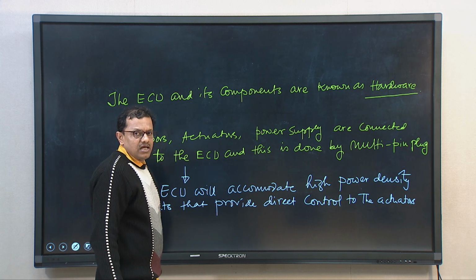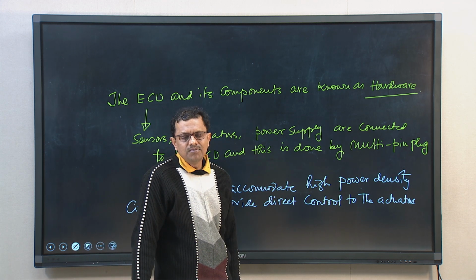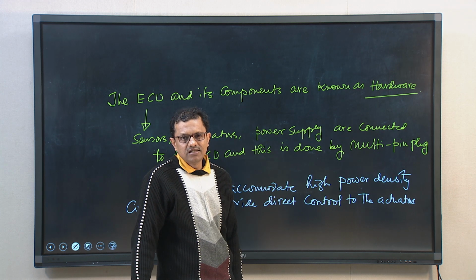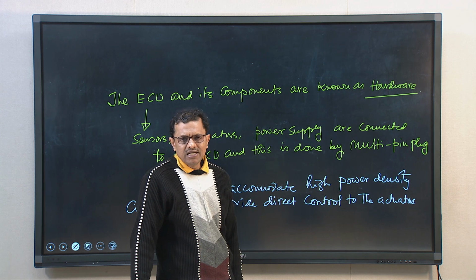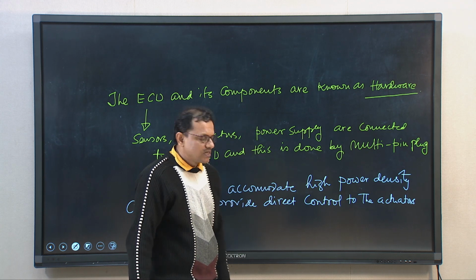Why do we need to accommodate high power density circuits in the ECU? So, the reason is these high power density circuits are responsible for the actuators, rather these circuits provide direct control to the actuators, and since these circuits will generate heat, that is why they are built inside the ECU, so as to have better heat transfer.